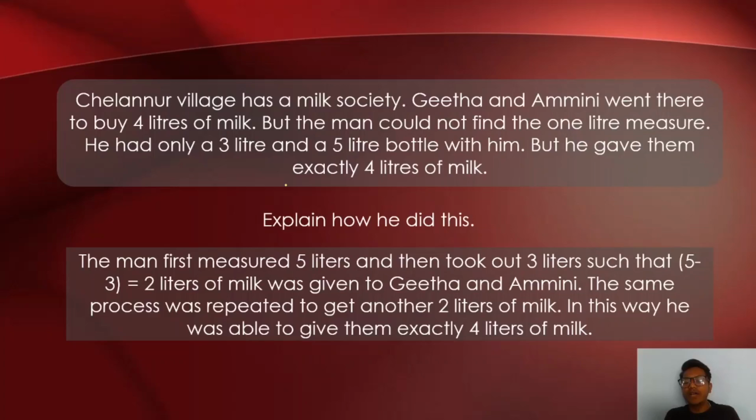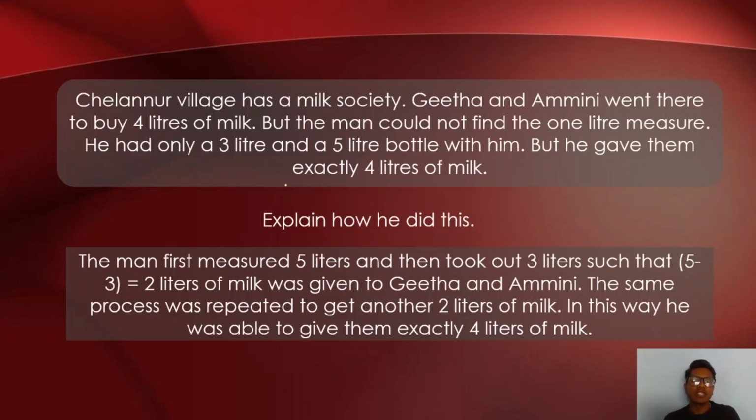Then from that 5 liters of milk, he removed 3 liters, such that 5 minus 3 equals 2 liters of milk. So 2 liters of milk was given to Geeta and Amini. The same process was repeated to get another 2 liters of milk. In this way, he was able to give them exactly 4 liters of milk. So this is one type of answer.